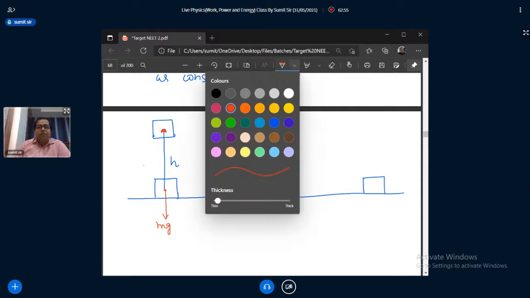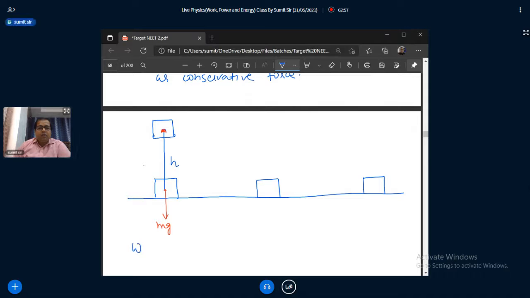What is the work done? Work done by mg is equal to minus mgh. Now you take the same point, but now first you go this way.